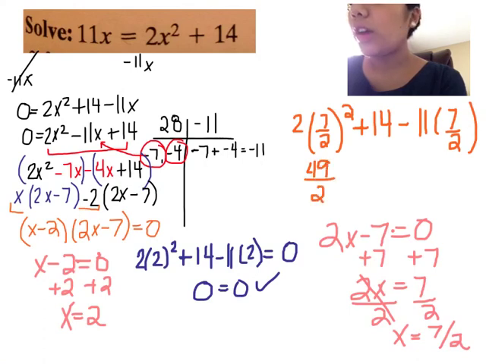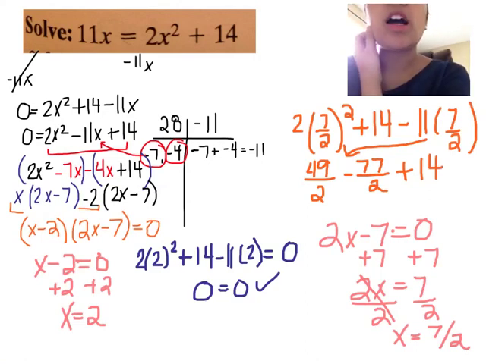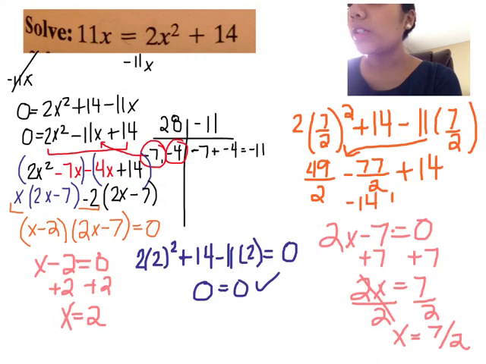And then I'm going to drag this one over here. So then that's 49 halves minus 77 halves plus 14. And then you should get 49 halves minus 77 halves is negative 14, plus positive 14 equals 0. So that means this works.